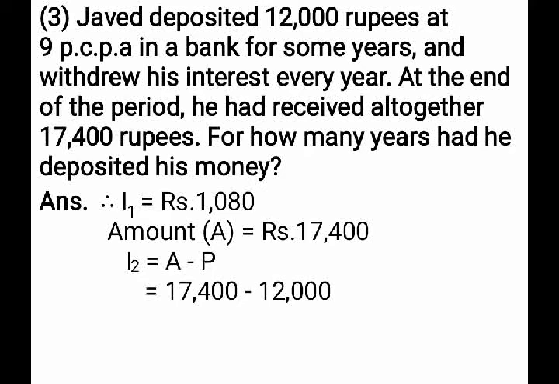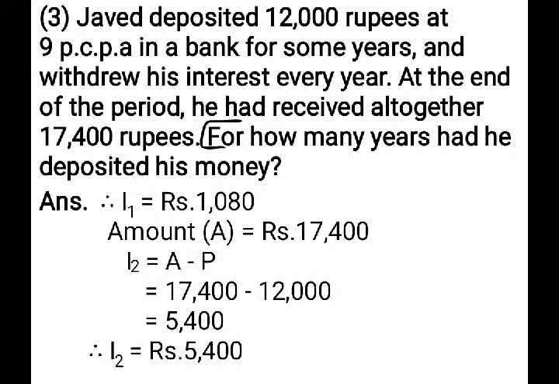After subtracting 17,400 minus 12,000 we get the answer 5,400, and that will be interest 2. Therefore interest 2 is equal to rupees 5,400.